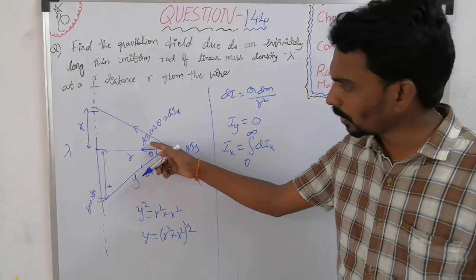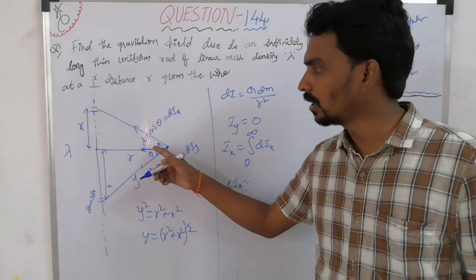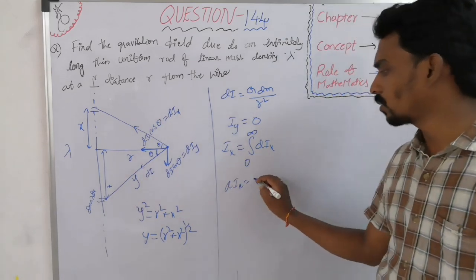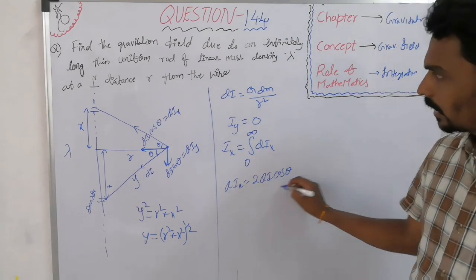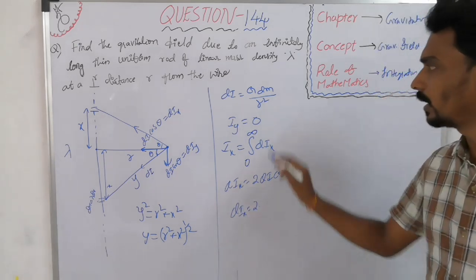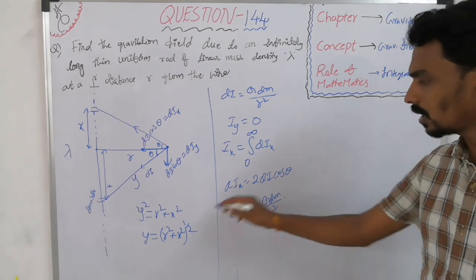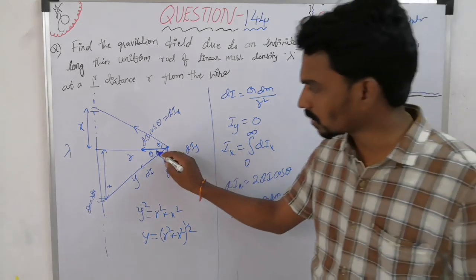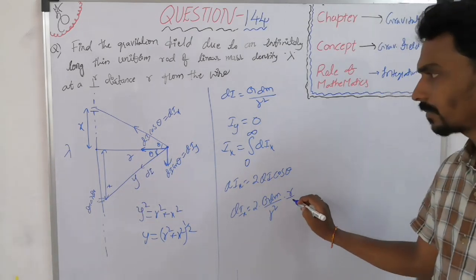There is one component dI cos theta due to the lower element, and one more component due to the upper element. So the total will become 2 dI cos theta, where dI is given here. So dIx equals 2 into dI, which is G dm by y square, and cos theta is adjacent by hypotenuse, r by y.